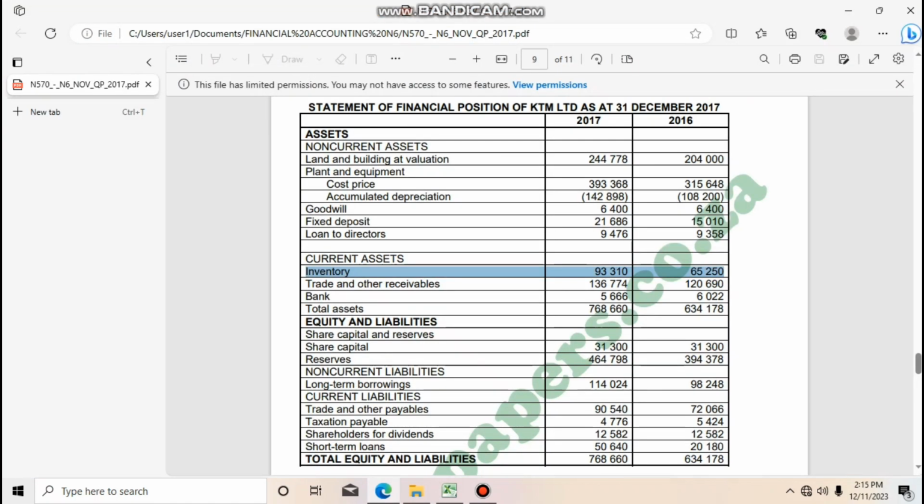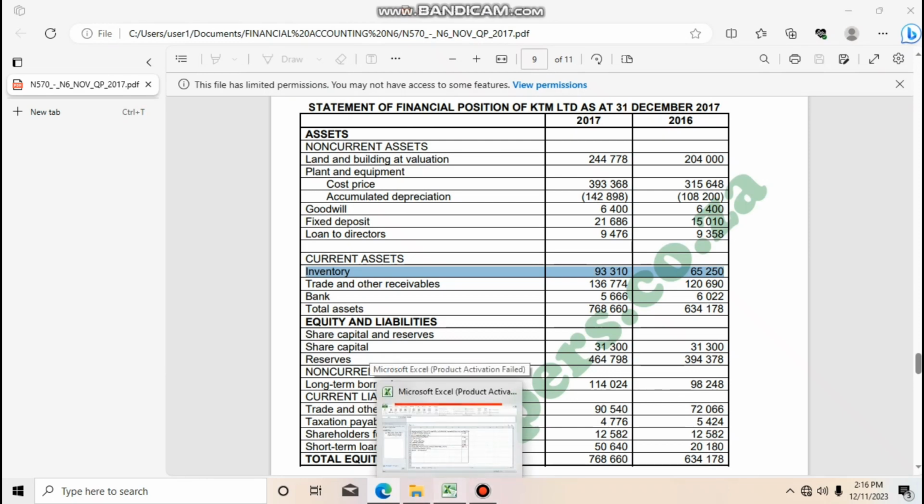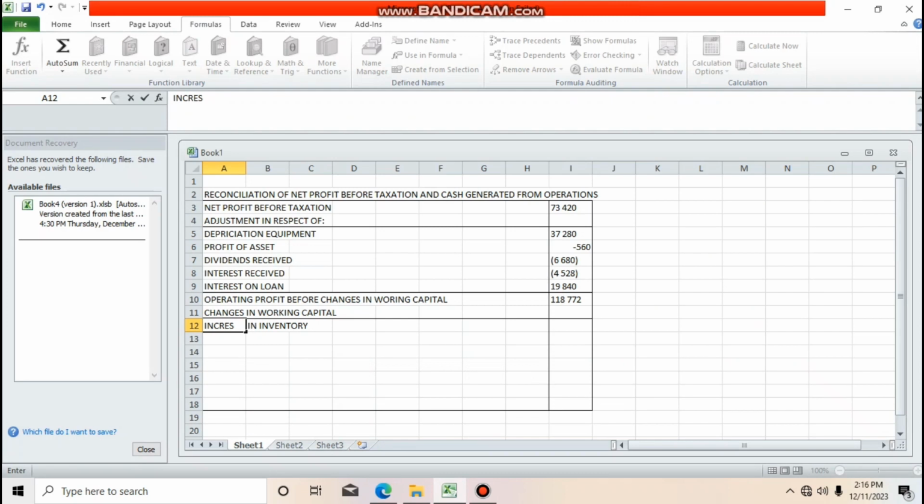The previous year we have 65,000 and the current amount is 93,000. So obviously the current amount, we have an increase in inventory, right?